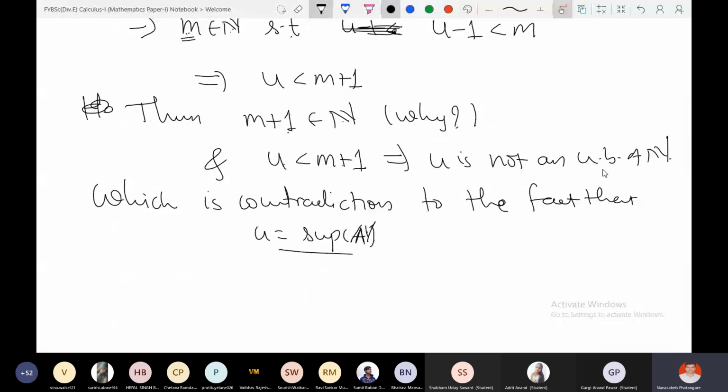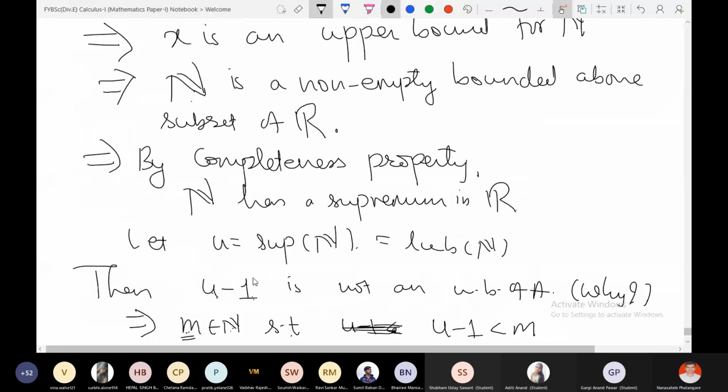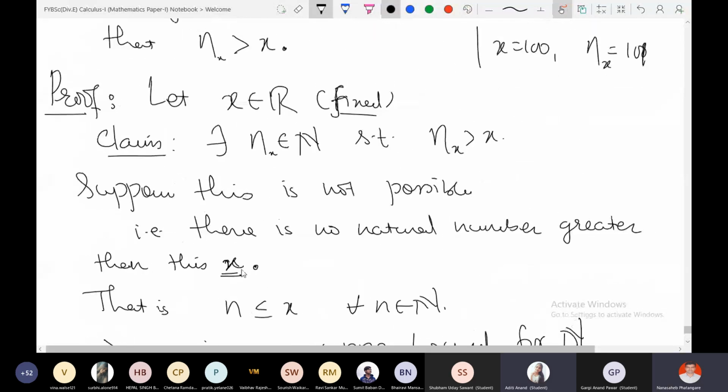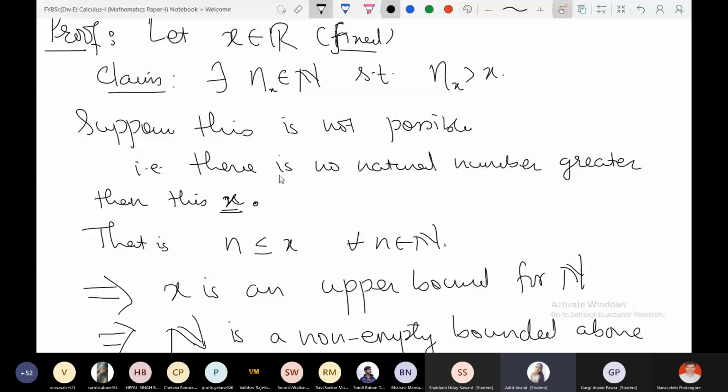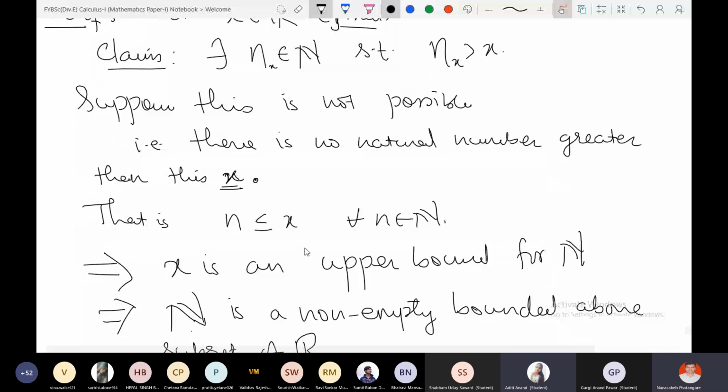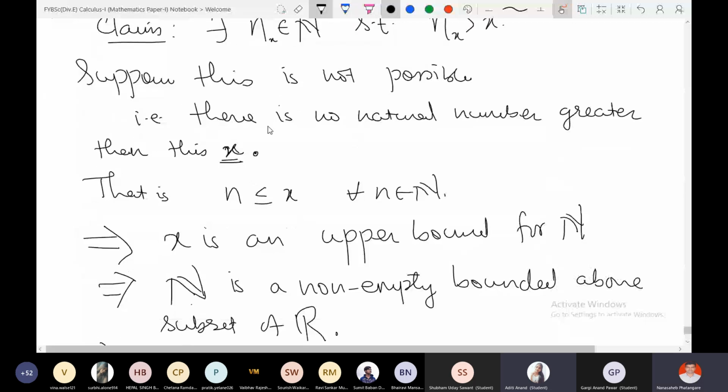So why do we get such a contradictory situation? What leads us to the contradictory situation? We took as an assumption that n is less than or equal to x for all n belonging to natural numbers. So we assume that all natural numbers are less than or equal to x, right?